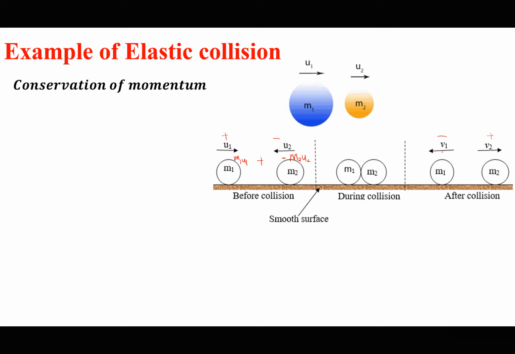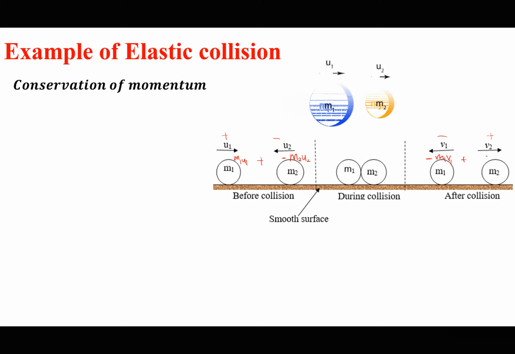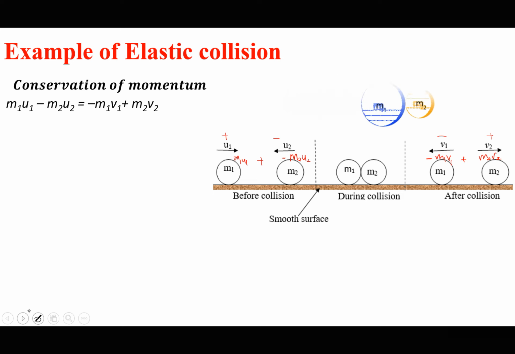The momentum of m1 after collision is going to be m1 v1, but because it is to the left, it will be negative. Then we sum this up with the momentum of m2 after collision, which is m2 times v2. By conservation of momentum, the total momentum before collision must be equal to the total momentum after collision.